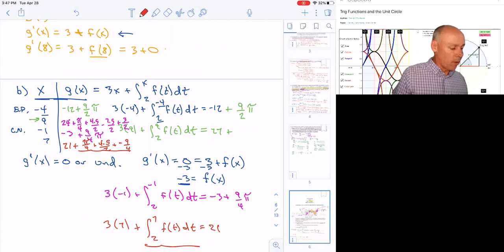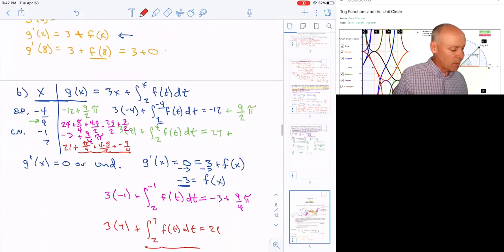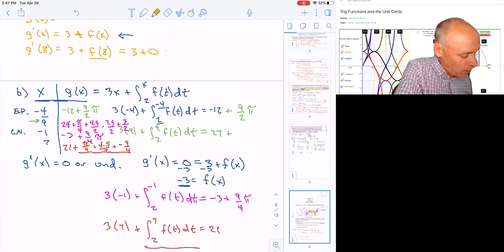What I'm looking for, I've got all those values. Now I want to find the x value in the interval where g has a max. Well, it doesn't take too long to look at it. This 24, and then this has kind of everything that this one has, and then this, but even with this, I'm going to say that my max is right there. That would be my max value. But again, what am I interested in?